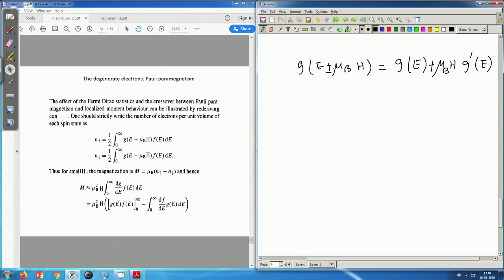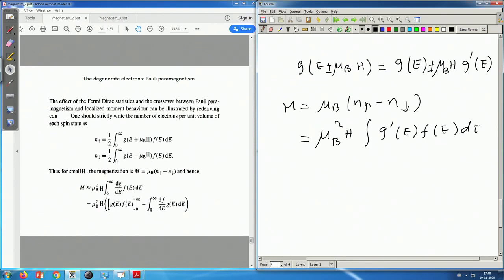So this is plus minus, and this also I can make plus minus. So you finally get this expression for M, which is μB times (n up minus n down), and that gives you μB squared times H. Coming from here, this half will get cancelled and give you 1, and you will have the integral of G(E) G prime(E) F(E) dE.